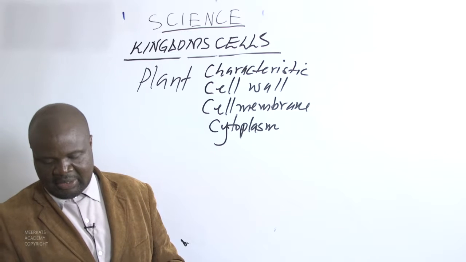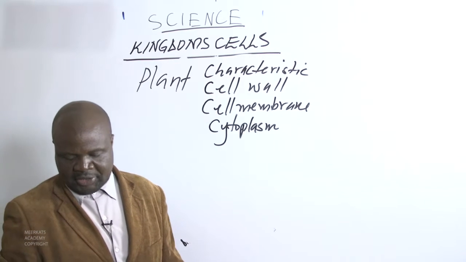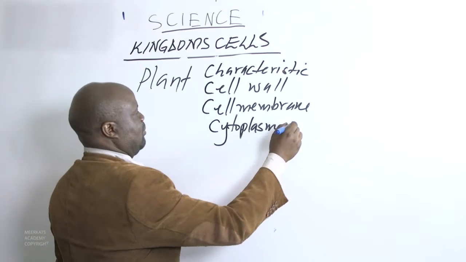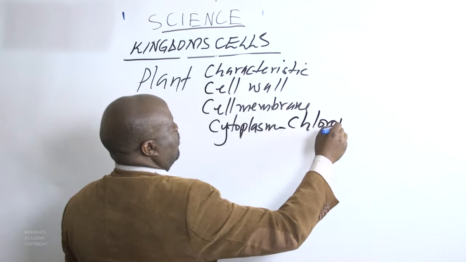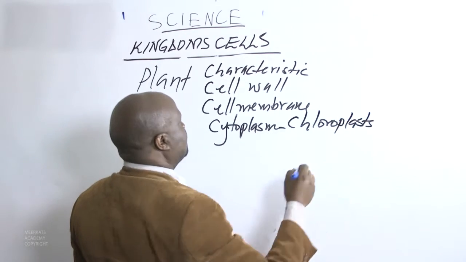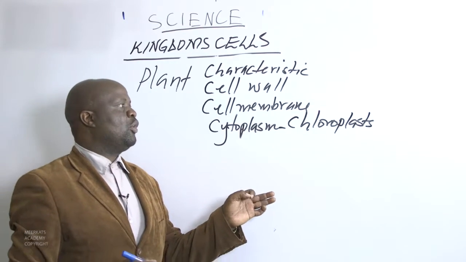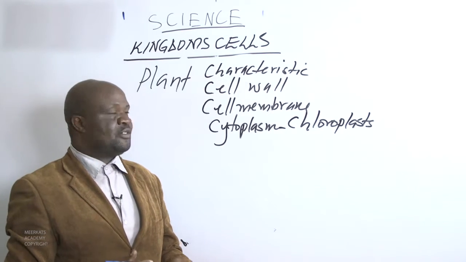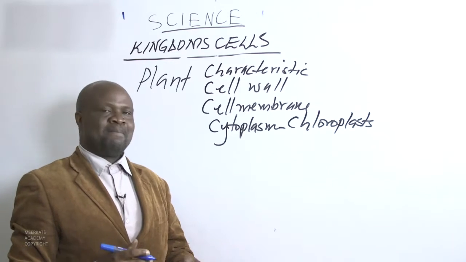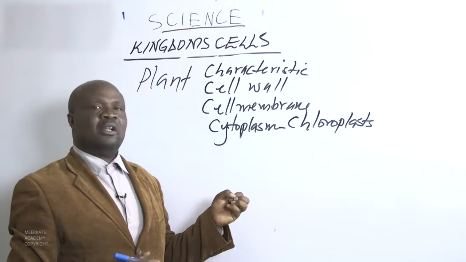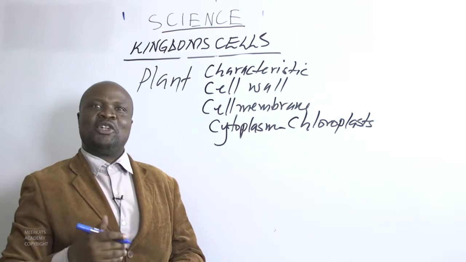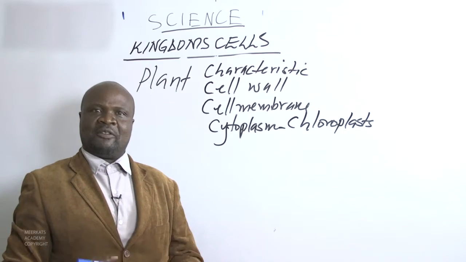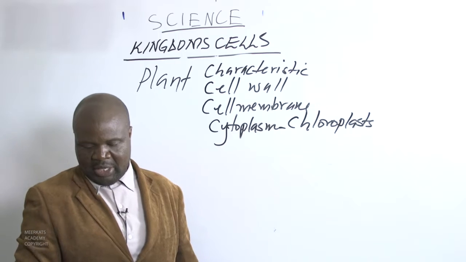Within the chloroplast is chlorophyll, which gives the plant its green color. That green color enables the plant cell to trap light from the sun, change it into energy, and manufacture its own food in a process called photosynthesis.